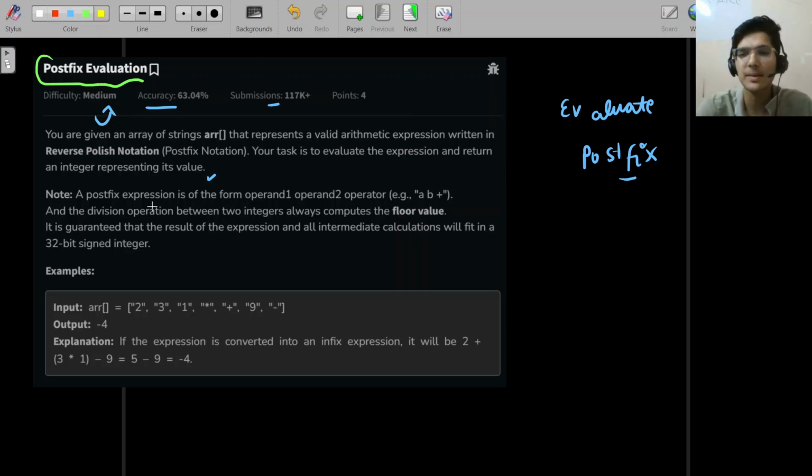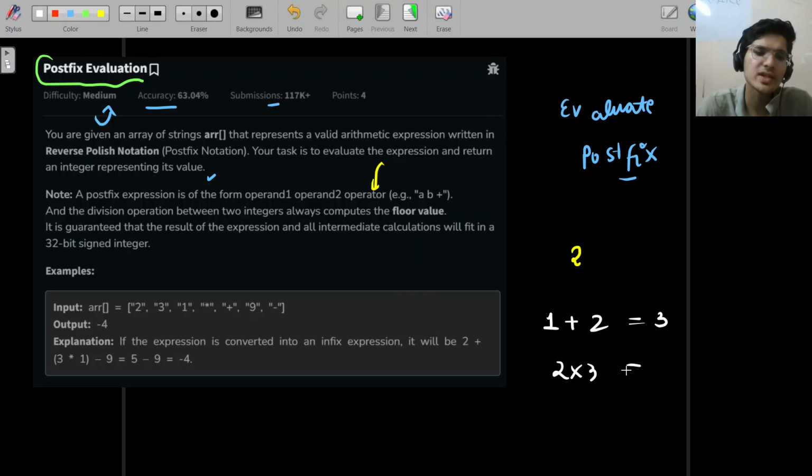Okay, let's try to read the question completely. The postfix expression is a form of operand, operand, operator. What we generally do is write like this: 1 + 2 = 3, 2 * 3 = 6. This is infix notation that we as humans use, but does the computer use the same thing? No, it's not like that. Sometimes other notations are required, not for us, but for the computer to understand very well.